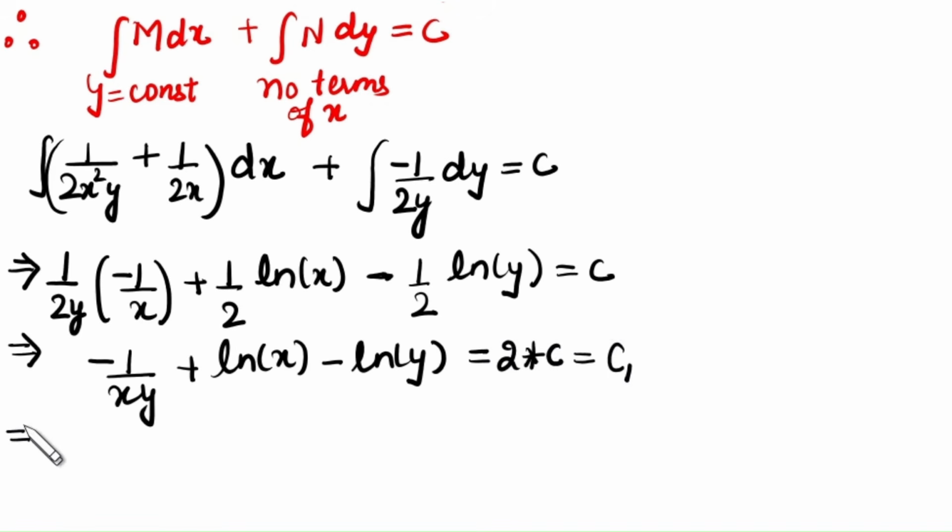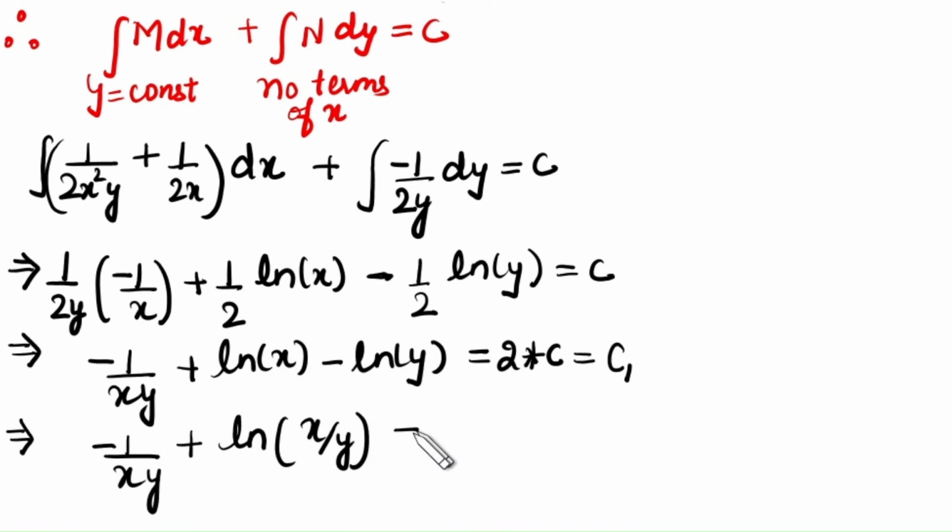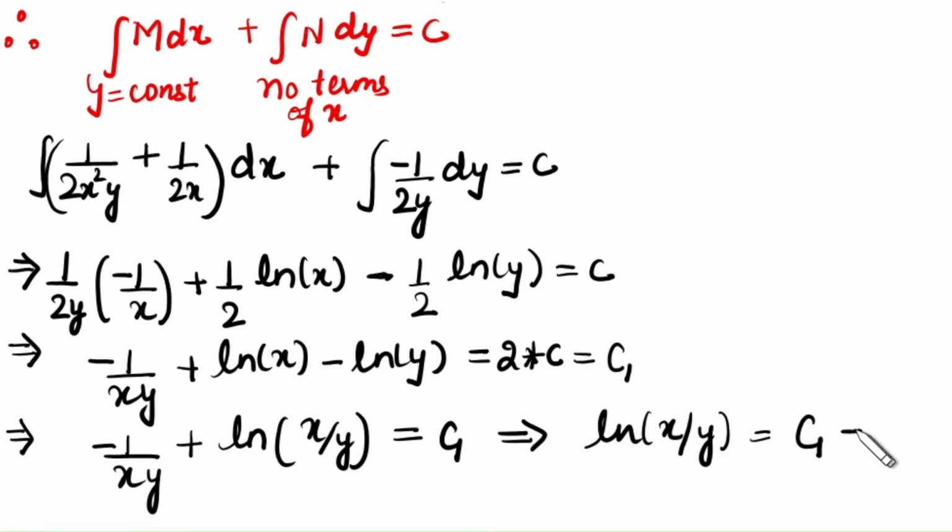This is further equal to −1/(xy), and we can club these into one and write log(x/y) by using the property. Further, we can rewrite it as log(x/y) = c1 + 1/(xy).